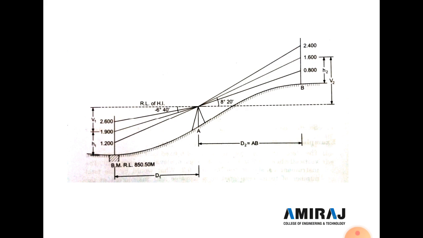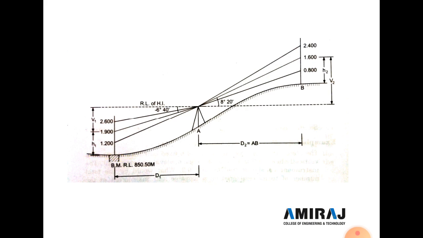Here distance D1 is the horizontal distance between the instrument station and the staff station, and H1 is from the horizontal crosshair reading to the bottom of the staff.